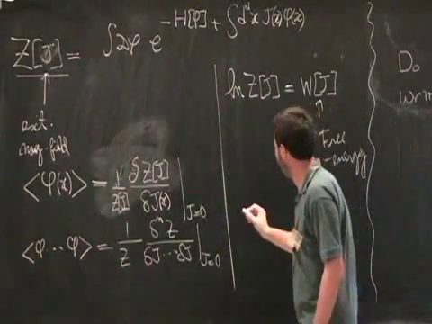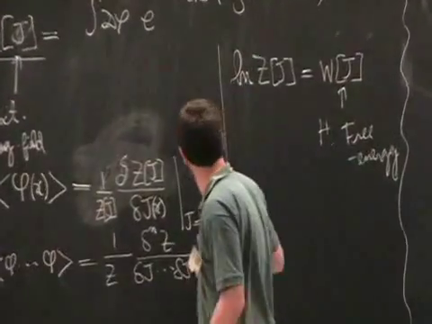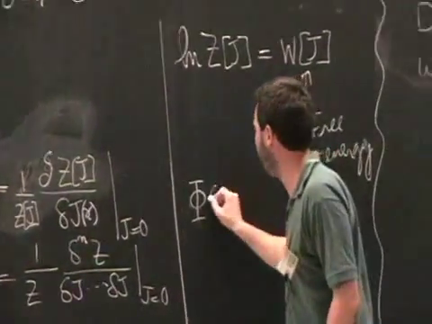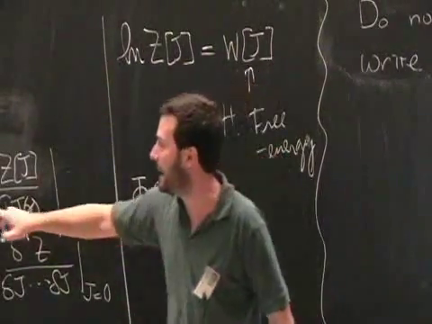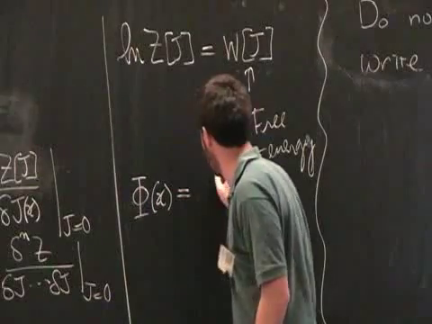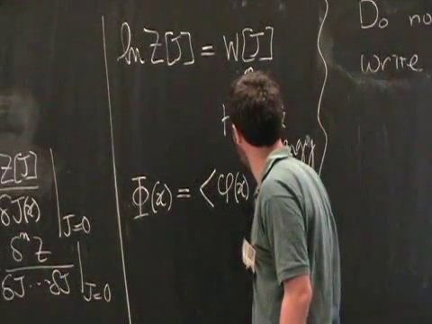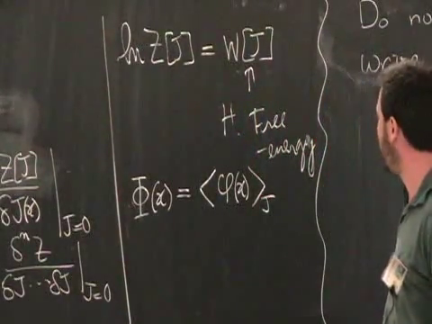But it is even better if you consider capital Phi as the mean value of phi, but in presence of sources. Not with zero sources. Okay?